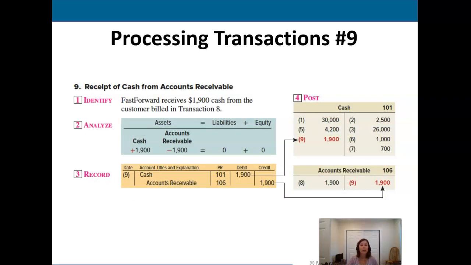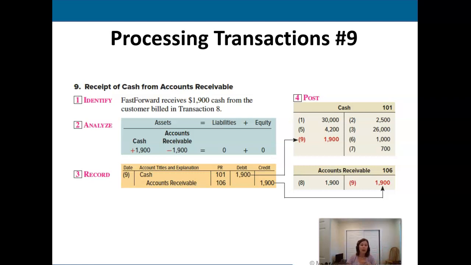Now we've actually been paid for the transactions that we recorded in the last slide. So that $1,900 we now have received in cash. So our cash goes up, that's a debit.